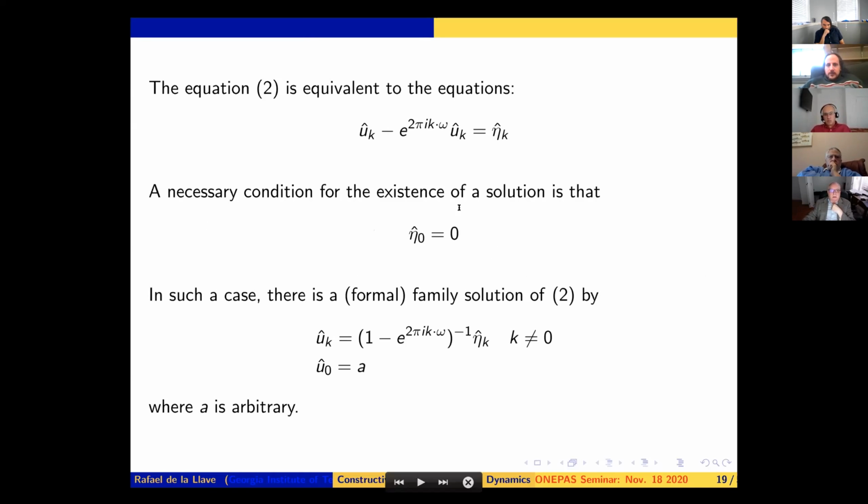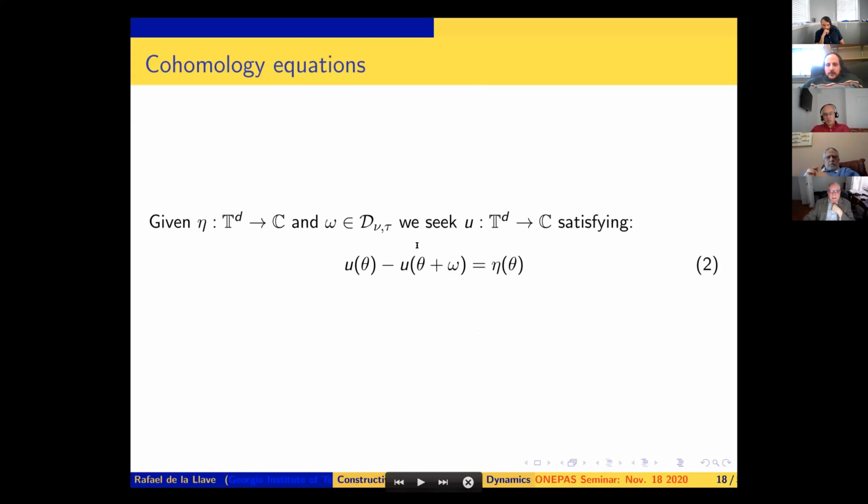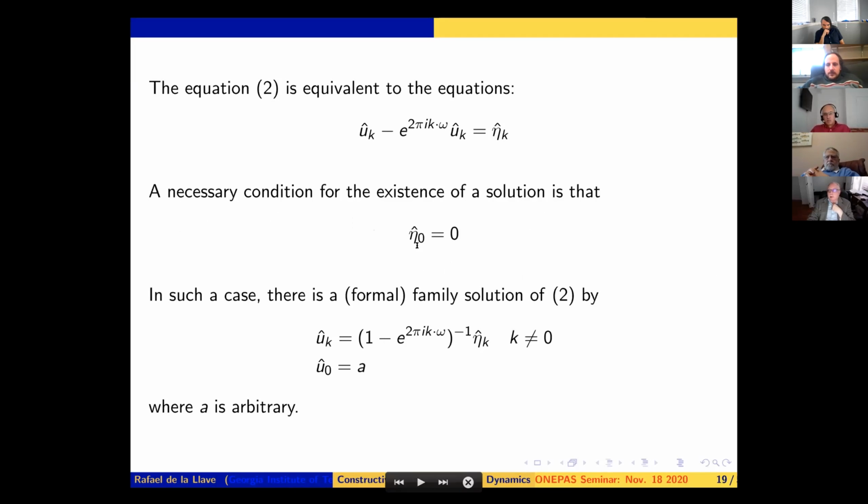So this condition, this equation 2, is equivalent, if you take Fourier transforms, the Fourier transforms behave very nicely under displacements, and this is what happens after you displace, and this is the function itself, right? And so this equation is equivalent to this set of equations, and then you realize that for k equal to 0, you get u_k minus u_k, which is equal to u_0 minus u_0, so this is a constraint.